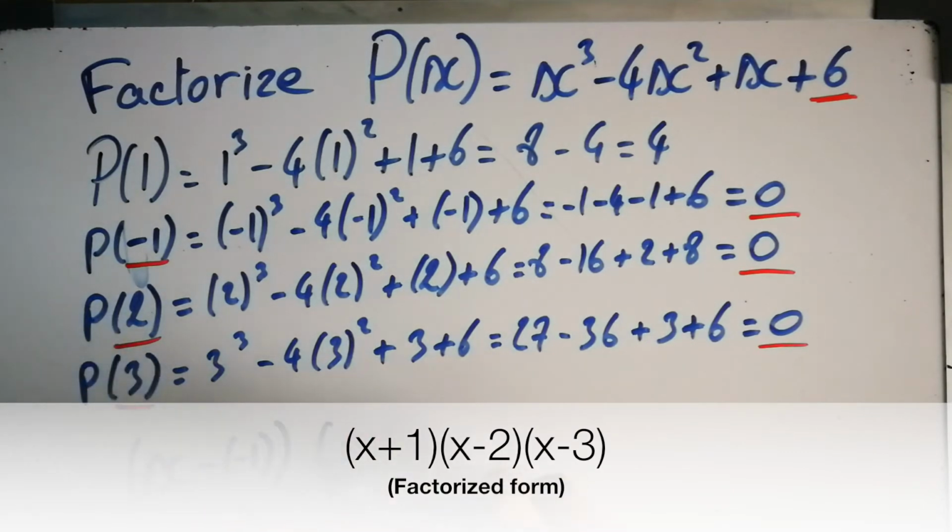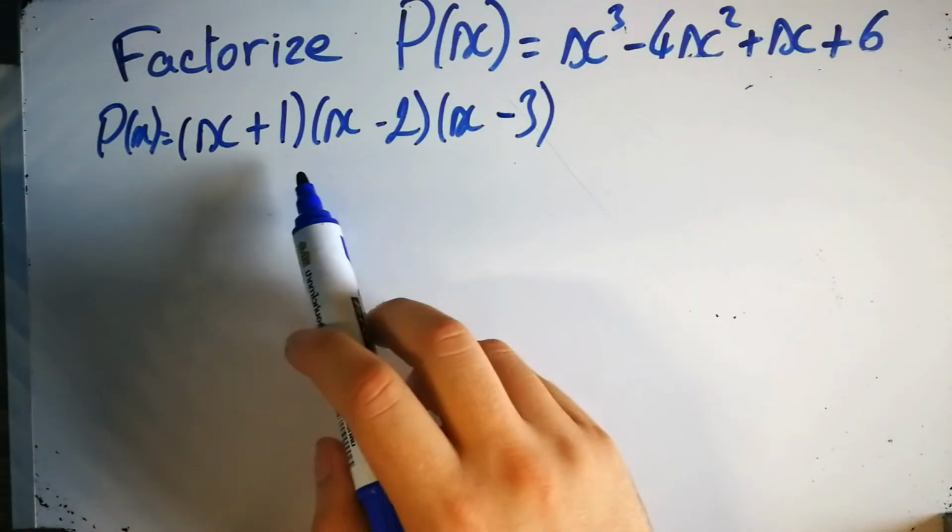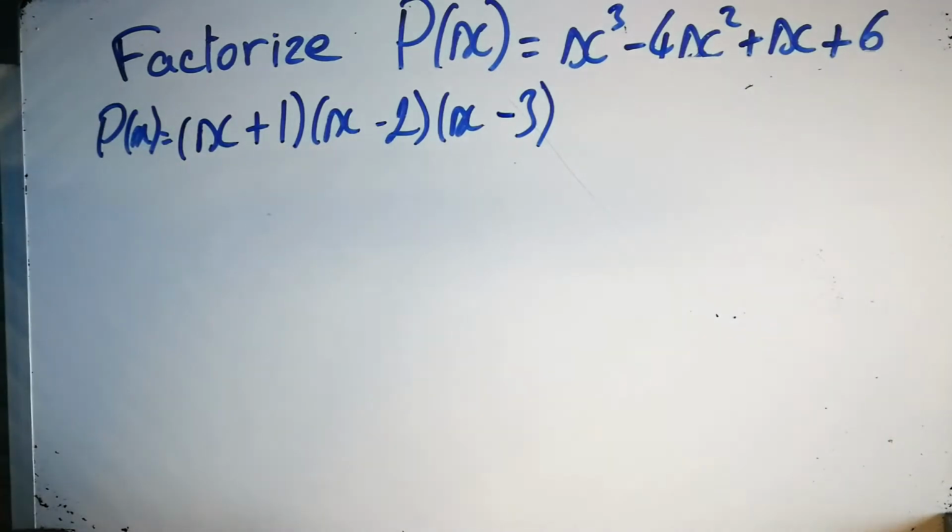For 2 we get x minus 2, and for 3 we get x minus 3. So the factorized form of this cubic expression is x plus 1, x minus 2, x minus 3.